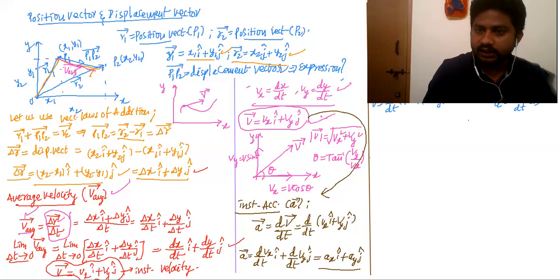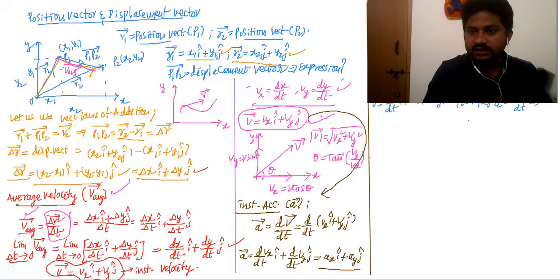So what can I write here? d by dt of 4t² is 8t i cap, plus d by dt of 2t j cap is 2 j cap. So this is the velocity, my dear students.